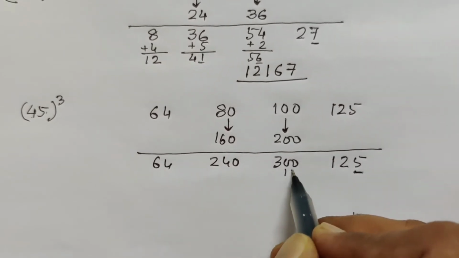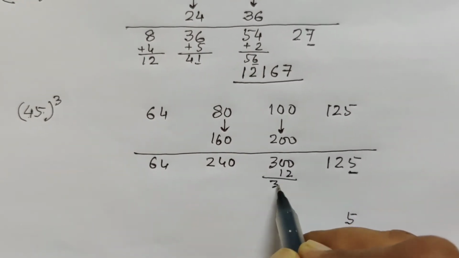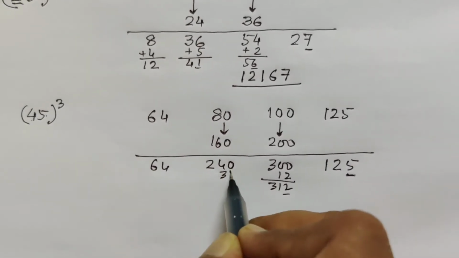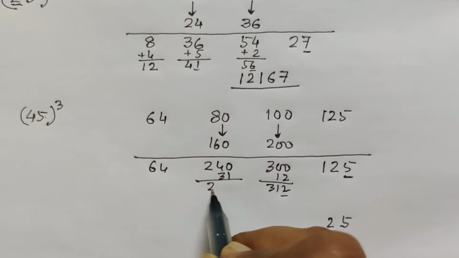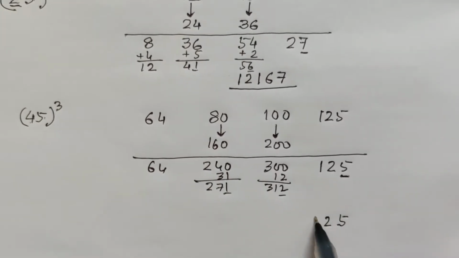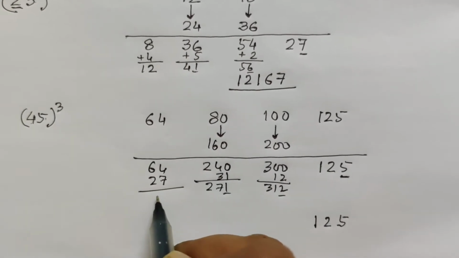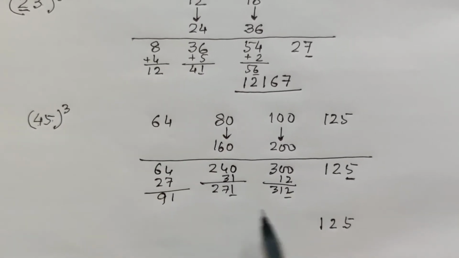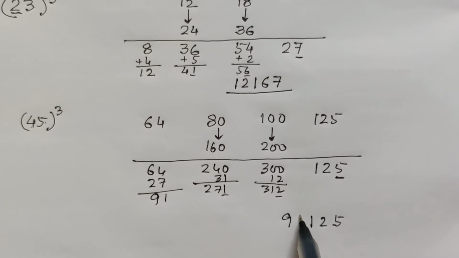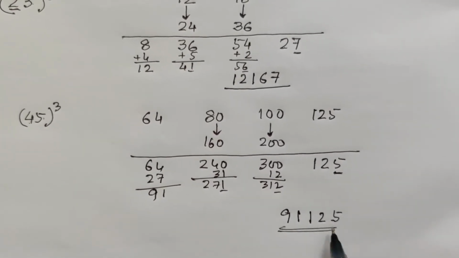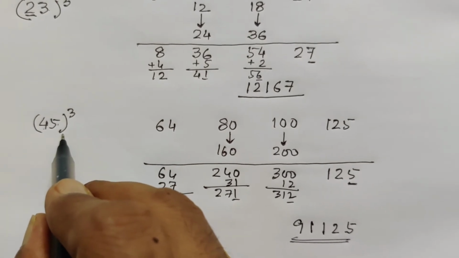Carry on this 12. 300 plus 12 is 312. Write 12 over here. Carry on 31. 240 plus 31 is 271. Write 1 over here. This is 27. 64 plus 27 is 91. So write 91 over here. So 91125 is the cube of 45.